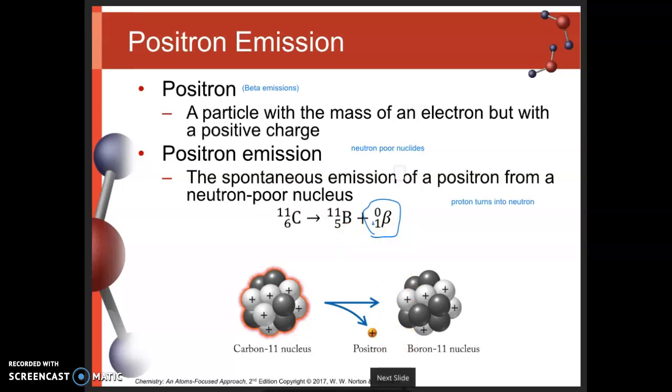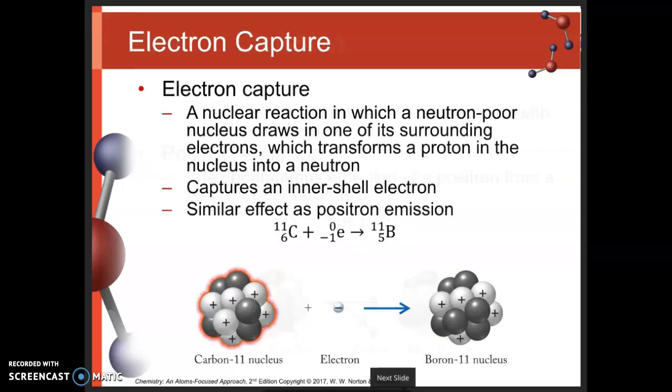Now, there's one other form of beta, similar beta. It's called electron capture. Very similar in effect to a positron emission. We end up at the same place. The mechanism's what gets flipped around.